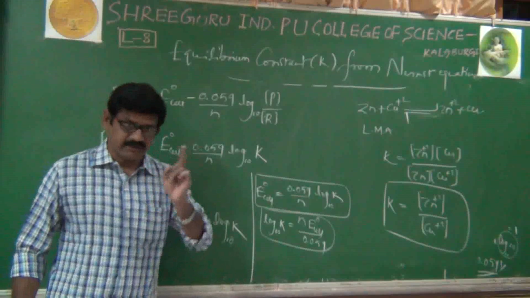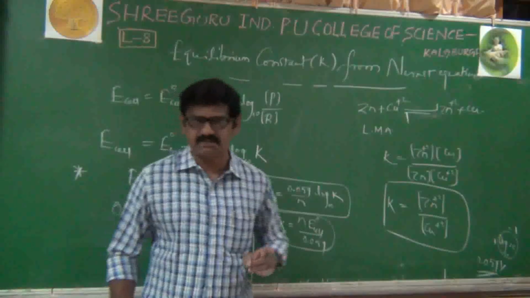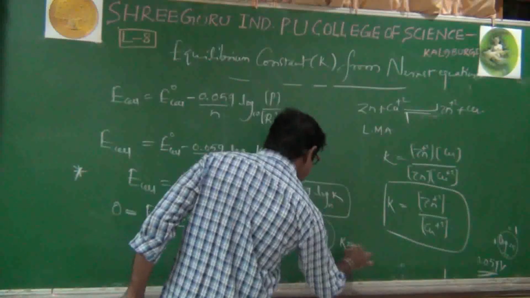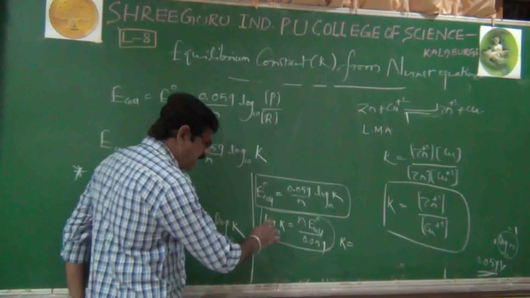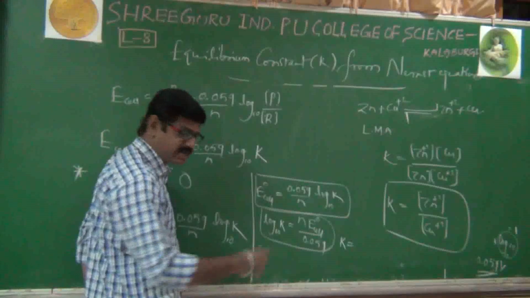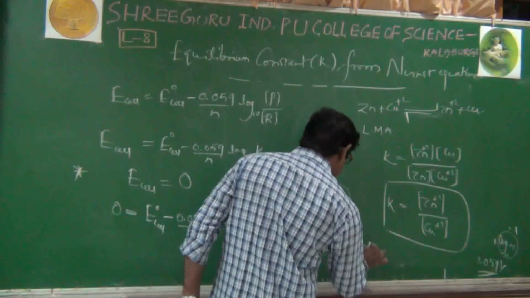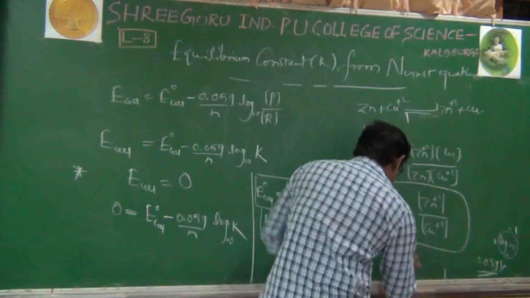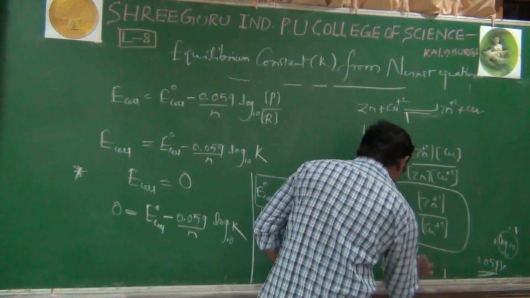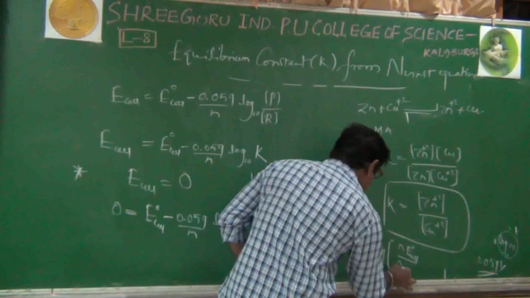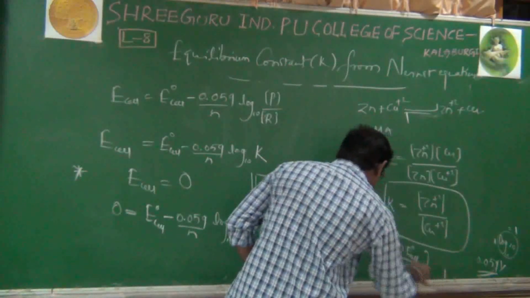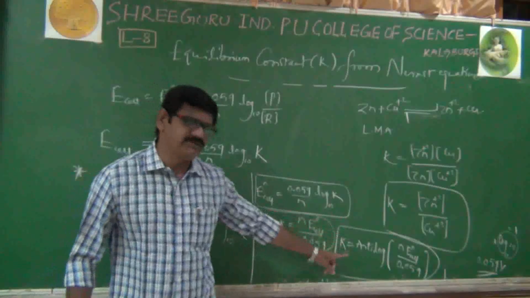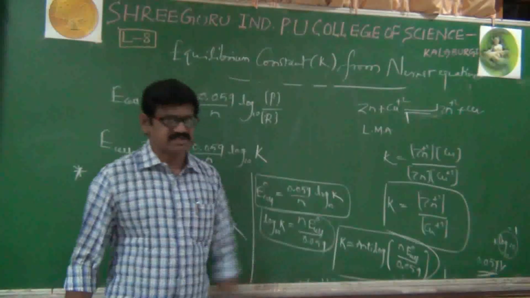And finally, we need only K, that is nothing but the equilibrium constant. Therefore, the final K is equal to, log will shift to the right side, nothing but antilog of n E naught cell divided by 0.059. That's all. This is the final equilibrium constant expression.